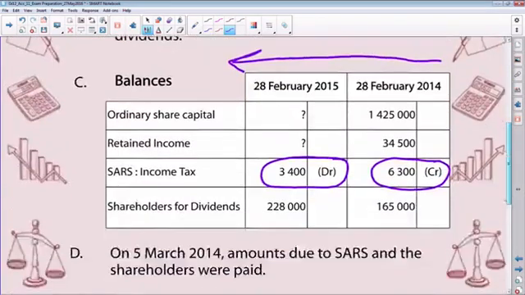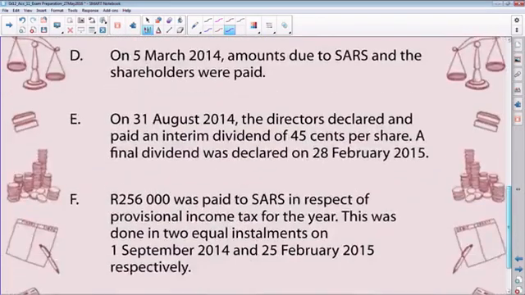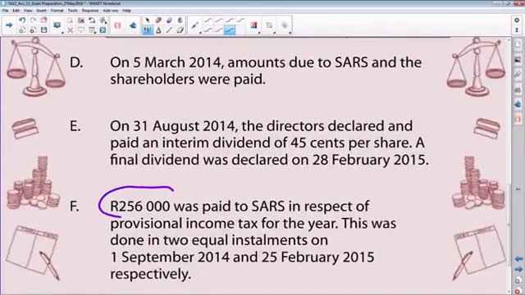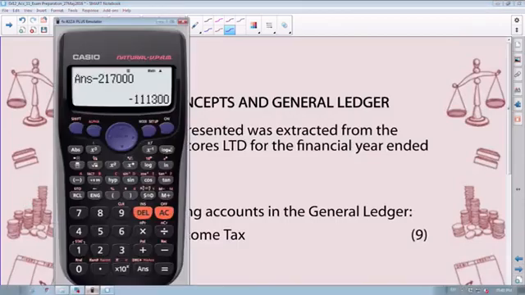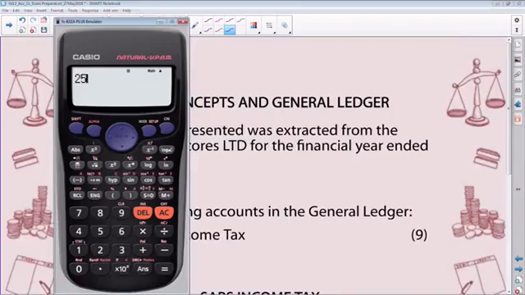We are told that 256,000 Rand was paid to SARS in respect of provisional income tax for the year. This was done in 2 equal installments, in September and in February, respectively. Okay, so step number 1, let's take the calculator and take the 256,000 and divide it by 2.